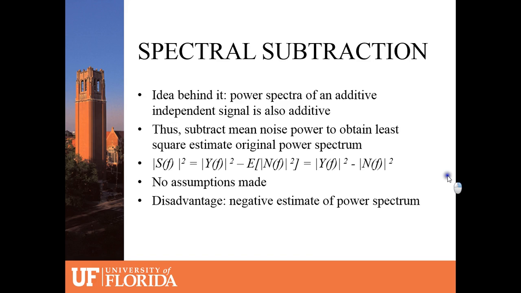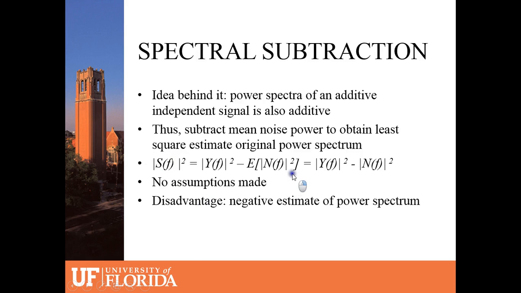So the idea behind the spectral subtraction is to subtract the mean noise power to obtain the least square estimate of the original power spectrum. So what they do is they directly subtract the noise power from the noisy signal and try to find an estimate of the original signal.